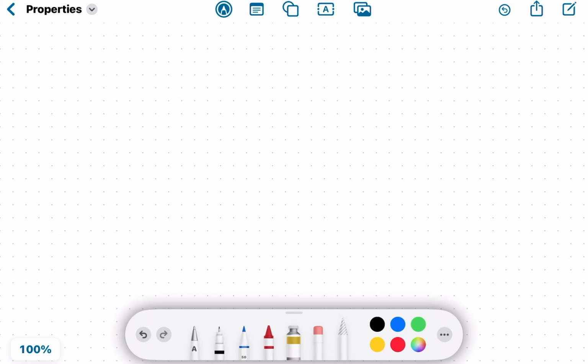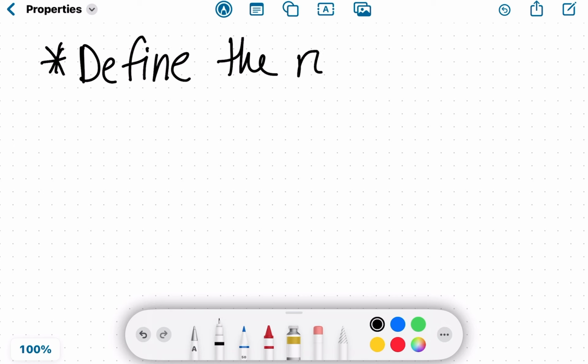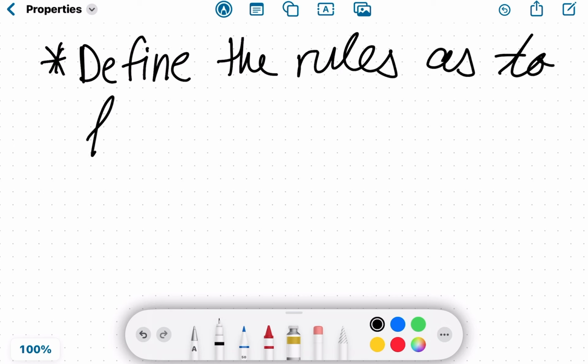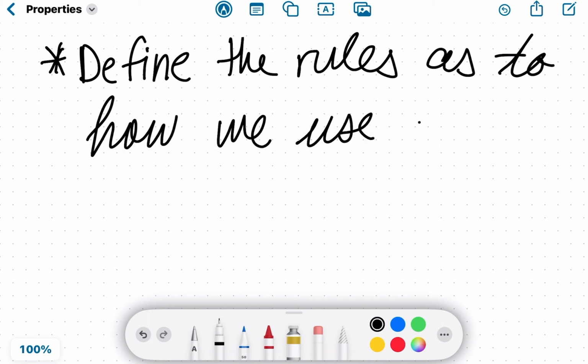So, what are they and what do they do? Well, they define the rules as to how we use or evaluate our terms.